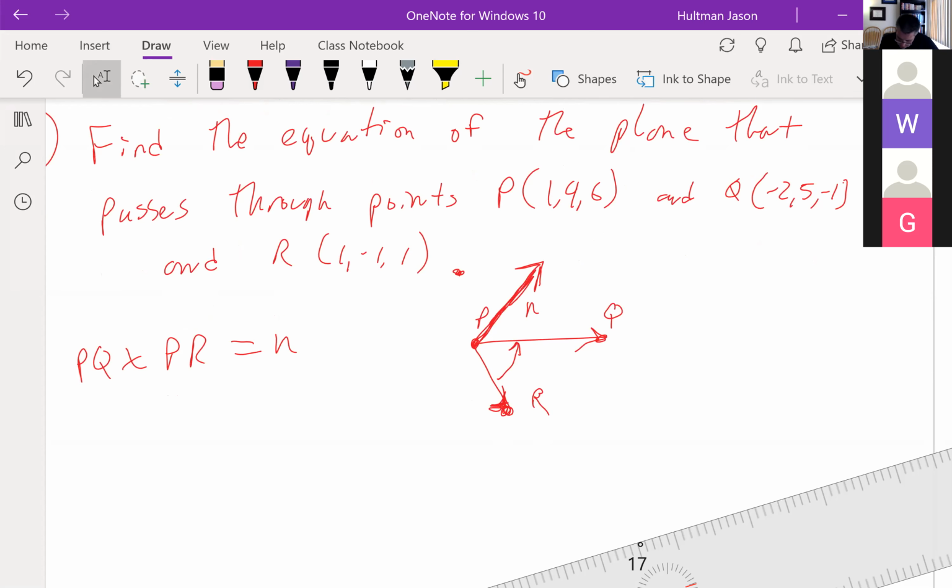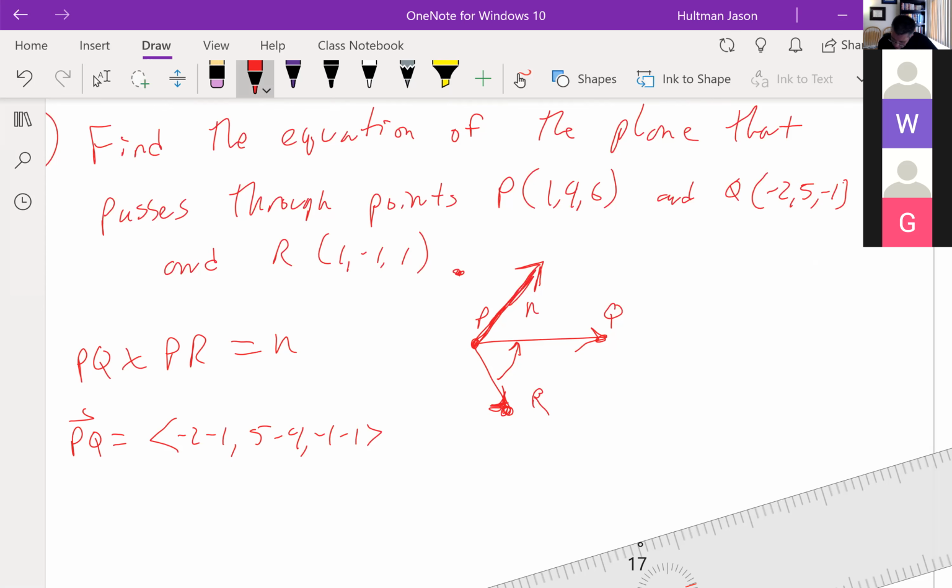So what is PQ? Well, that's just going to be the difference. So vector PQ is going to be -2 minus 1, 5 minus 4, and -1 minus 1. Should be -1 minus 6. I screwed up somehow.